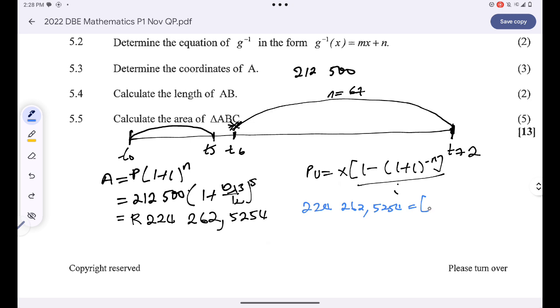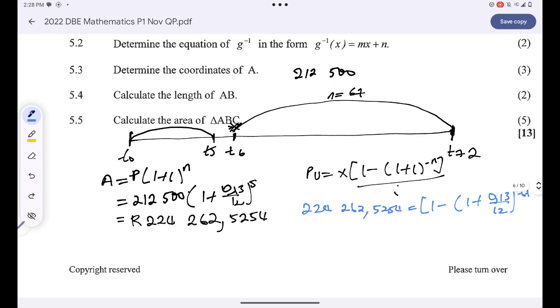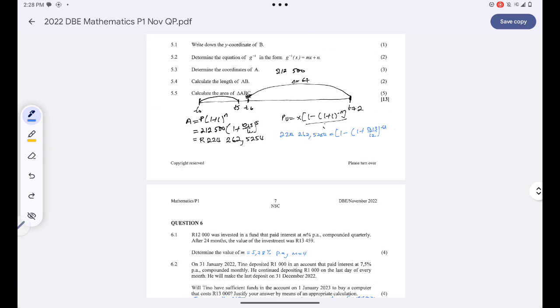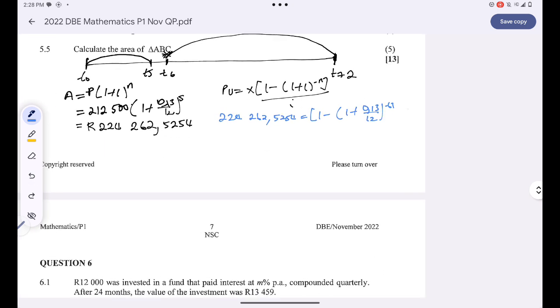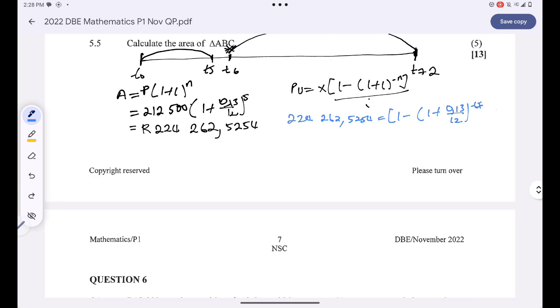This is equal to x multiplied by the bracket 1 minus 1 plus 0.13 over 12 to the power of negative 67, all over 0.13 over 12. I forgot to write an x there.